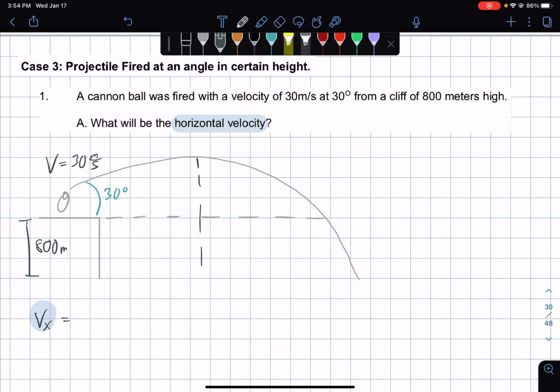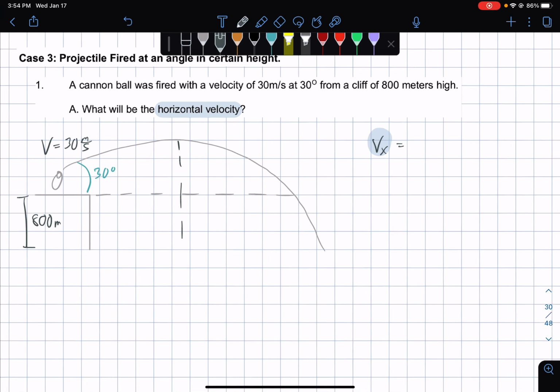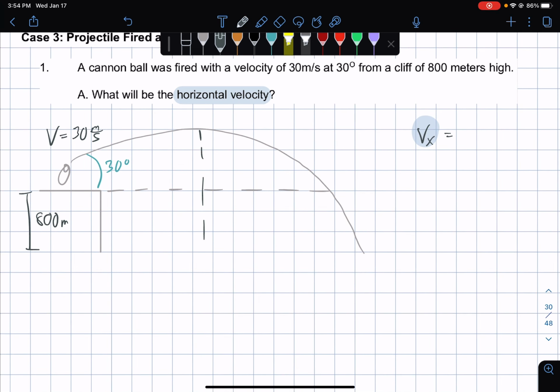So let's see. It's been some time since I've solved this kind of problem, but let's see what we can do. Also, if we're looking for the vertical distance, whatever distance we have here from bottom to up, we'll just add that with 800 meters or whatever the height of the cliff is, so that we can find the vertical distance going down, not the horizontal.